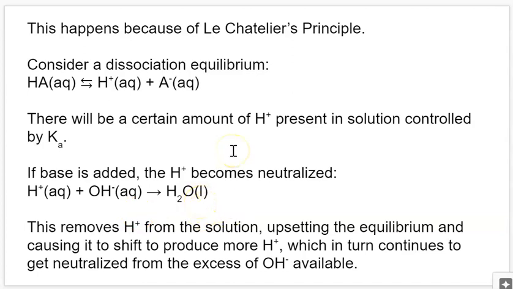And if we remember back to Le Chatelier's principle, if I remove something from one side of an equilibrium, say the H plus in this example, the equilibrium is going to shift to make more of that thing in order to try to maintain the equilibrium constant. So every time I add hydroxide to the solution, I'm removing H plus from the solution, and the equilibrium is going to continue to shift right to make more H plus. And if the hydroxide is in excess, this is basically going to keep happening until all of the HA ends up getting dissociated and all of the hydrogen ions end up getting neutralized.